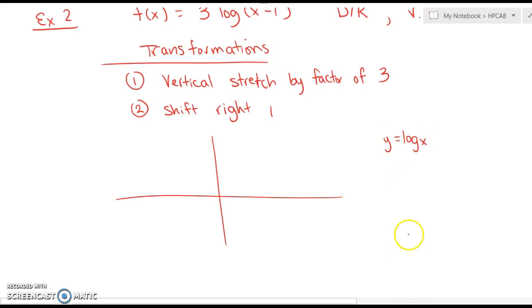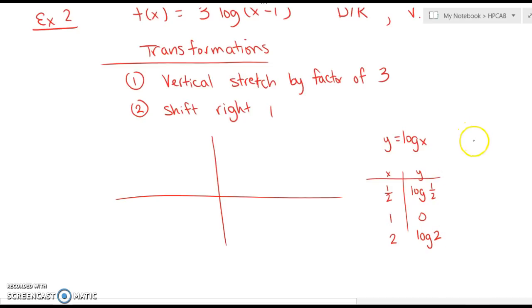If this was just a regular y equals log x, what you would have is, if you plugged in 1/2 for x, your y value would be whatever the log of 1/2 is. Not a very nice number. If you plug in 1, 10 to the what is 1? 10 to the 0 is 1, so you get 0. If you plug in 2, you'll get the log of 2, whatever yucky number that is.